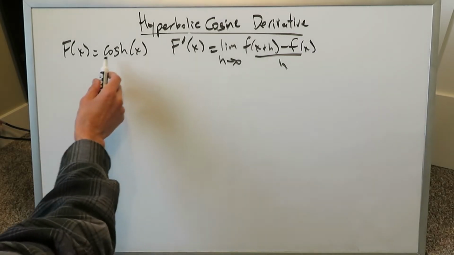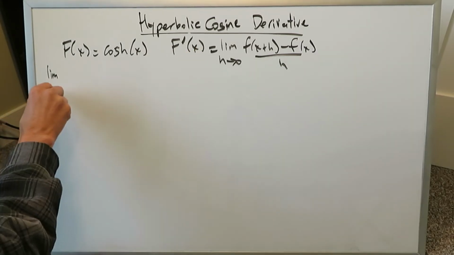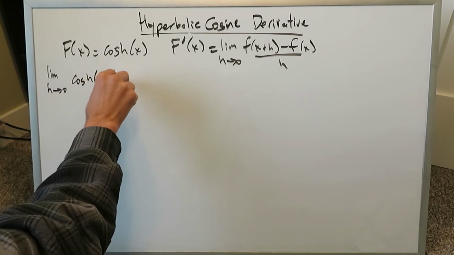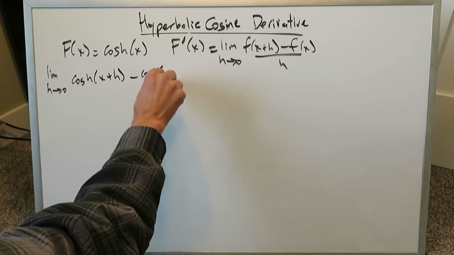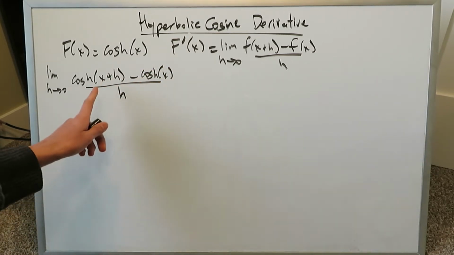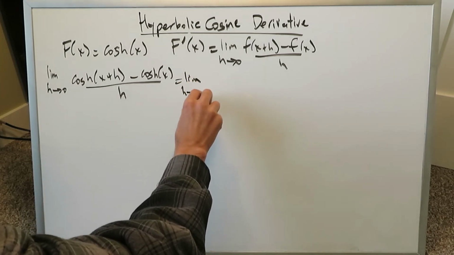How do we start? Everything will go right here with regards to what you're seeing over there. Limit as h approaches 0. We'll have cosine hx plus h minus your f of x, which is cosine hx, all over h. You have to open this up using the identity I've shown you, and we will do that. Limit as h approaches 0.